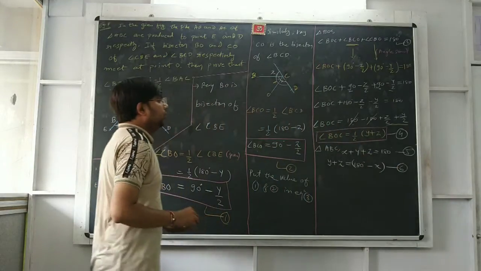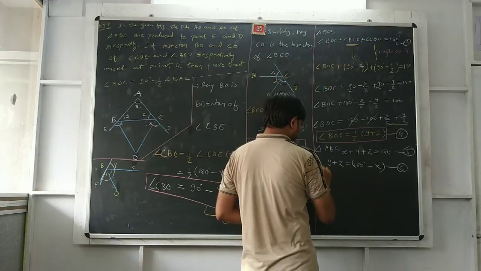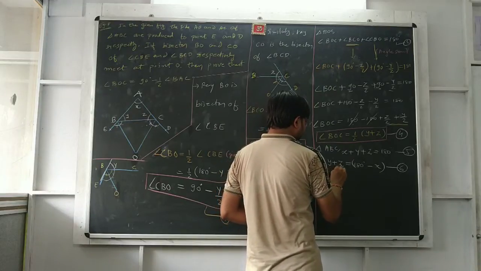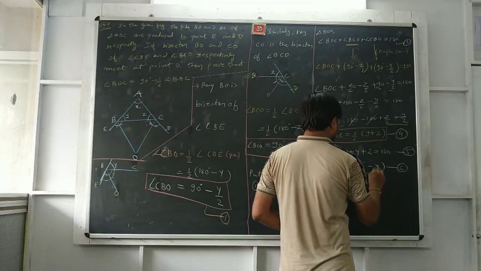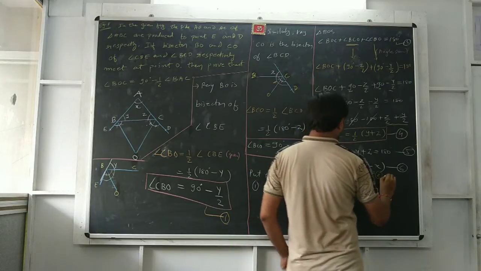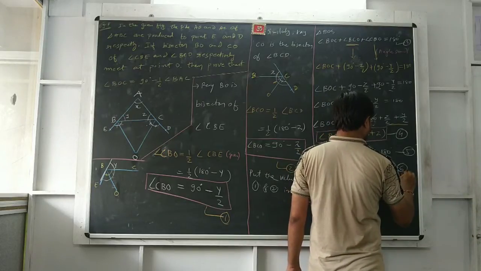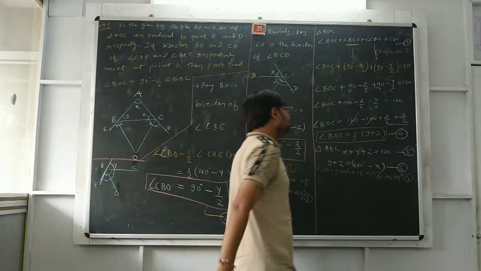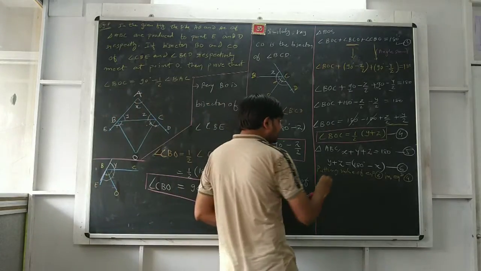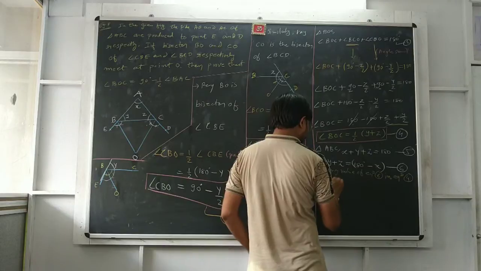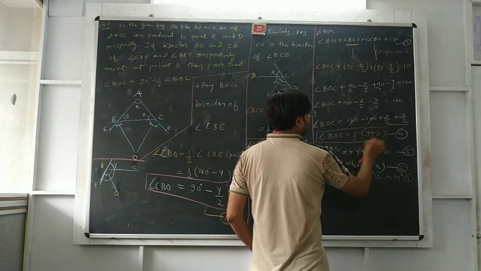Now I am putting the value of equation 6 in equation 4. So I can write angle BOC is equal to 1 by 2 times y plus z. What is y plus z?